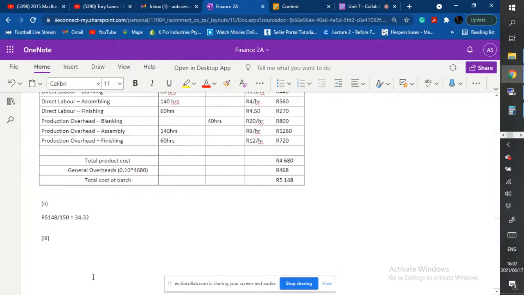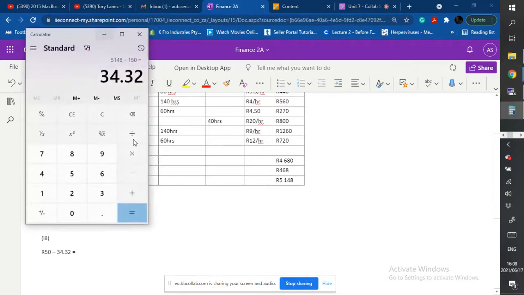Okay, right. And the last bit. I want to calculate the profit per unit. Okay, so we have the cost per unit. All right, then they've given us the selling price per unit, which is the 50 Rand. So 50 Rand, which is the selling price, minus your cost per unit, which is 34.32. You get what?